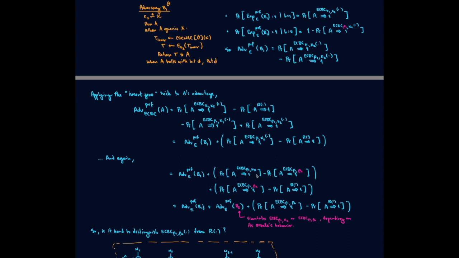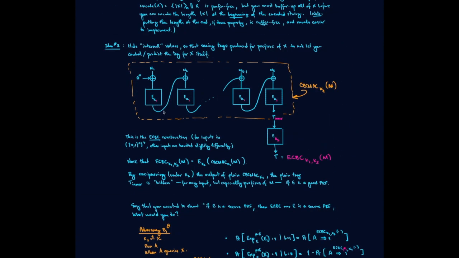You run A. When A asks an input X, you run CBC mode. But rather than calling an oracle, you simulate a random function, which you can do by lazy sampling.